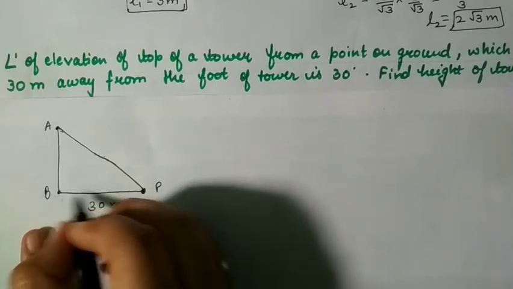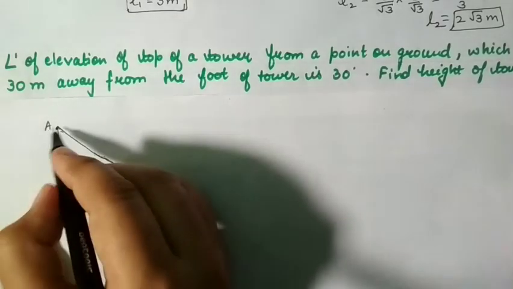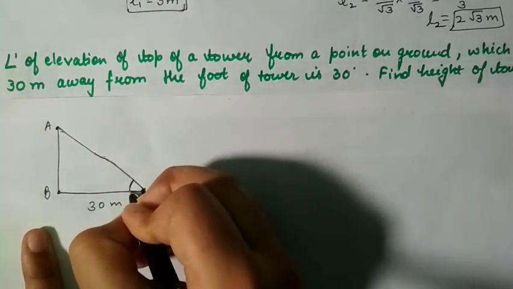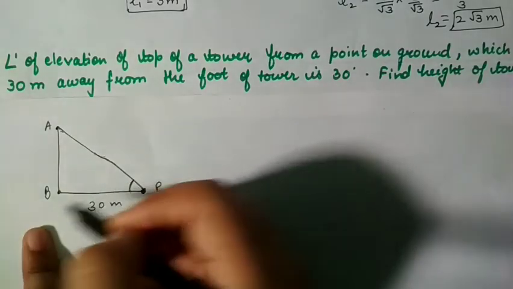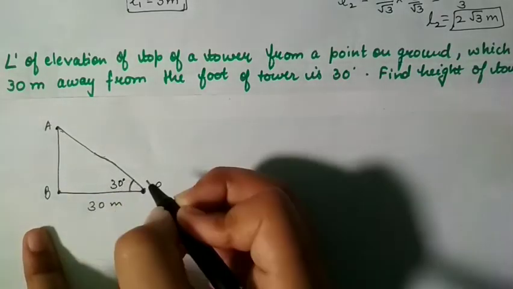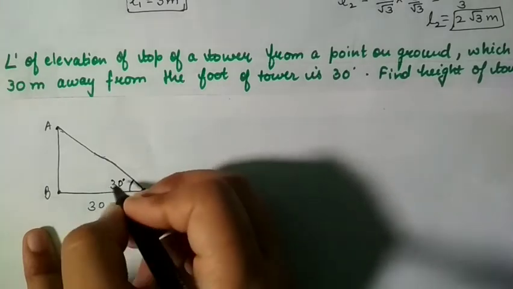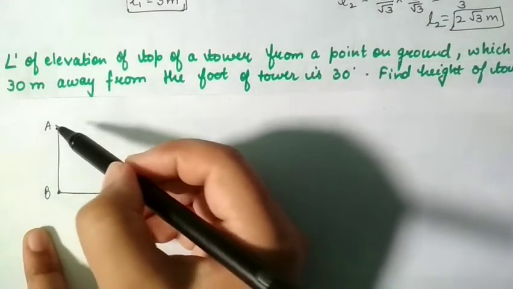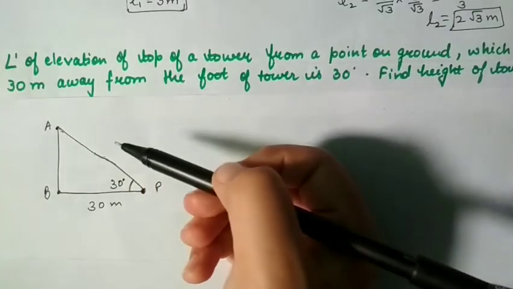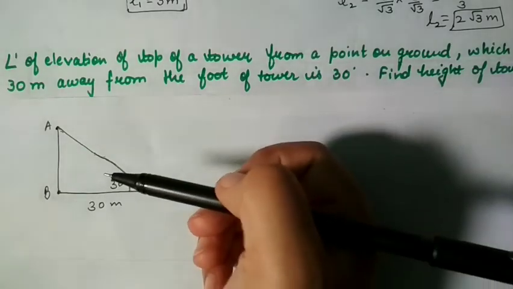So it means BP is the horizontal level and AP is the line of sight. So the angle of elevation, that is the angle between the line of sight and the horizontal level, is given to be 30 degrees. This is angle of elevation because the point that is being observed, A, lies above the horizontal level. Okay, so now we know this would be the figure.